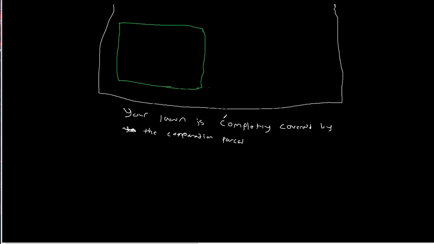They are showing that they completely own all of your land. So what would happen if we were to run clip, where we clip from our lawn that part that is overlapped by the corporation parcel? We would end up with nothing left. So you can actually erase the entire geometry.